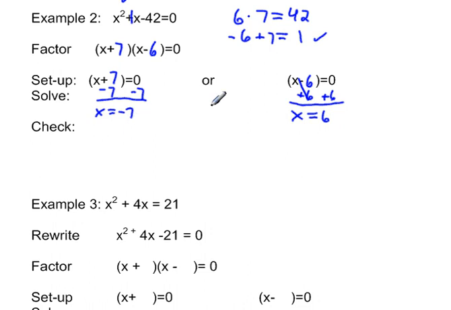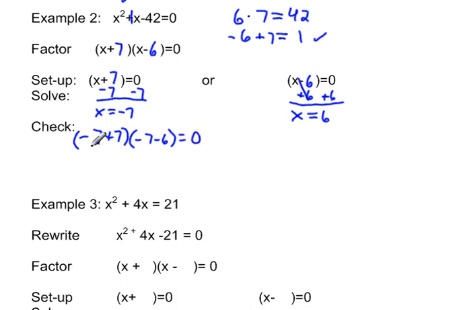Okay, let's check these by substituting in a -7 here, and we can start at this level where we've already factored out. We're assuming that we've factored correctly. We start with x equals -7. Now check, so I've got -7 plus 7 times -7 minus 6 equals 0.